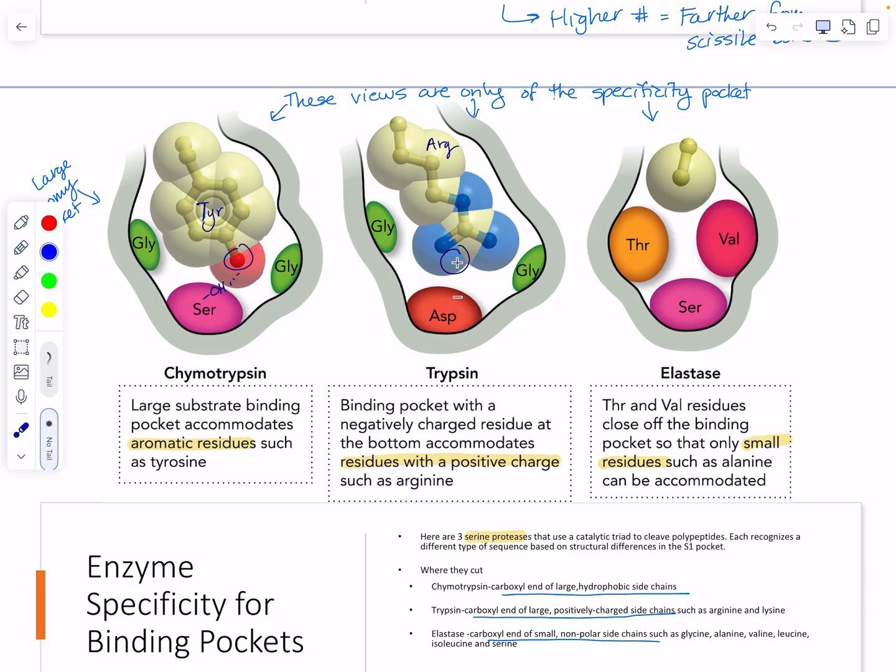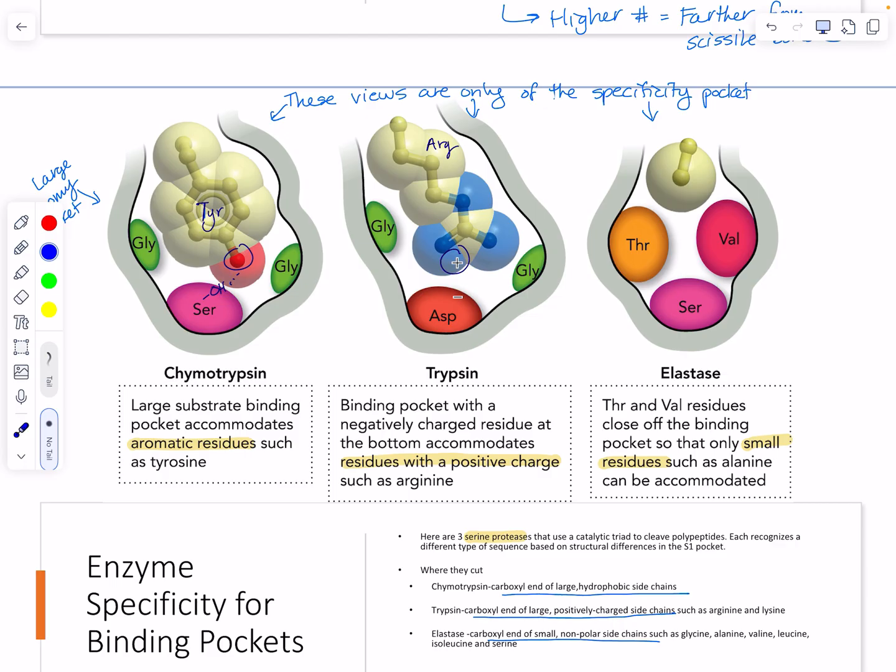And then the very last one, right, is elastase, where we want to only allow small things in, and small hydrophobic things. So we just put residues that are going to fill up that space, okay? So a valine, threonine and serine can hydrogen bond with one another because they both have hydroxyls.